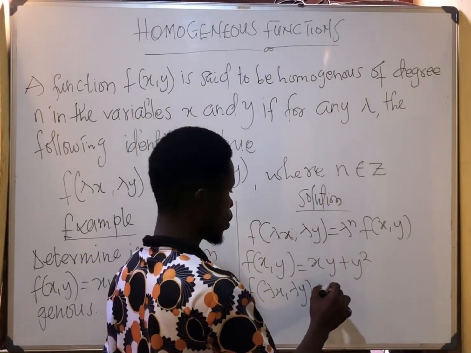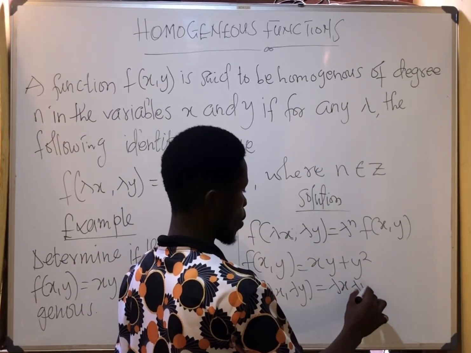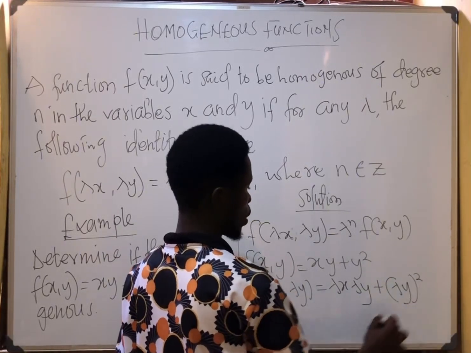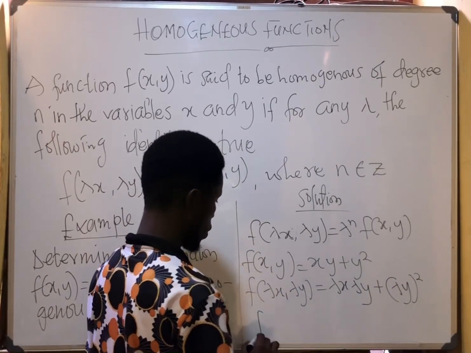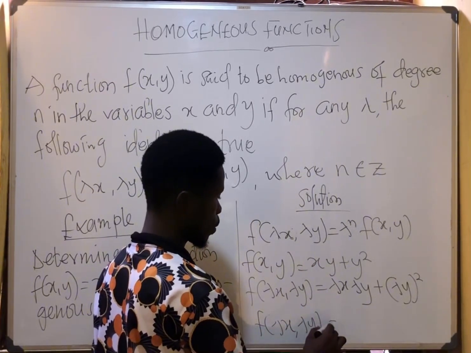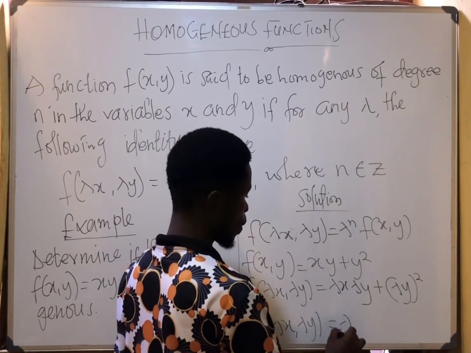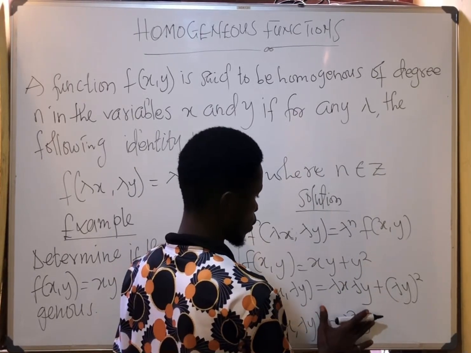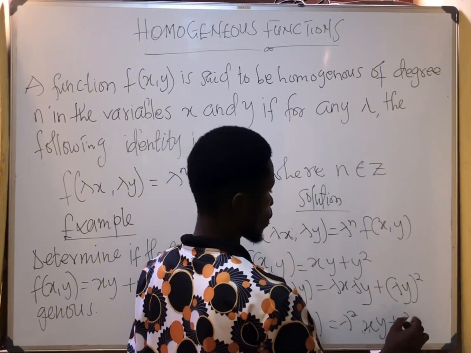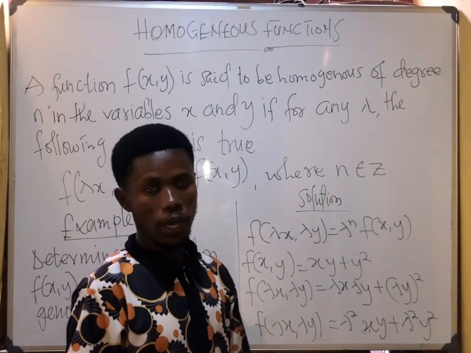So this is going to be lambda x times lambda y plus lambda y all squared. This gives us lambda times lambda, which is lambda squared, multiplied by xy, plus lambda squared y squared. So this is what we have. I hope you can see that.